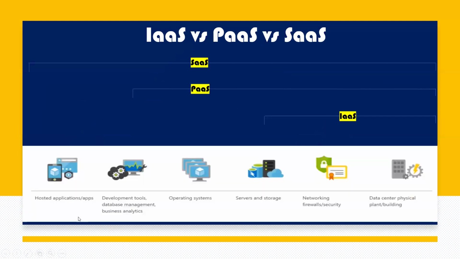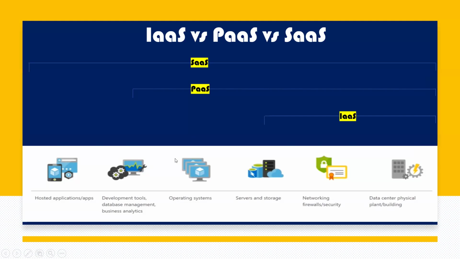See, IaaS means only the network environment is available: data center, physical plant, networking, server and storage, everything. Here you have to create your virtual machine, install the OS, and install the software, then use it. But if it is platform as a service, along with these setups, the OS and required software and development tools will be available directly.